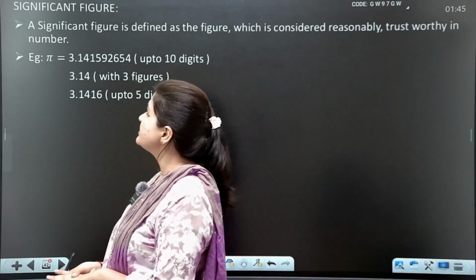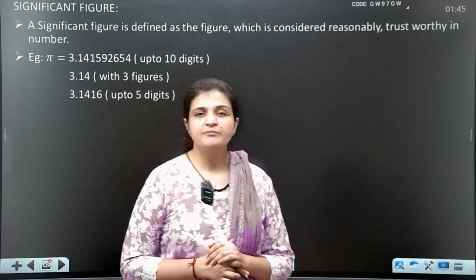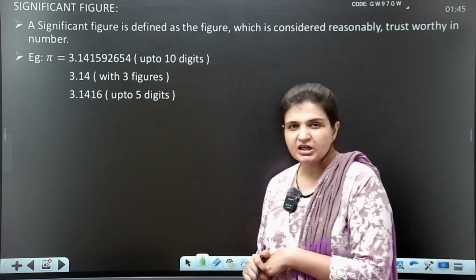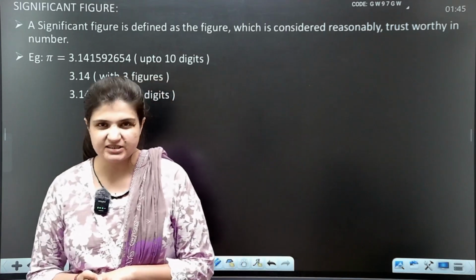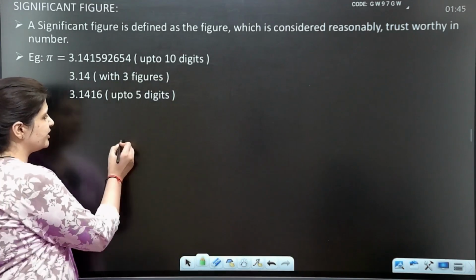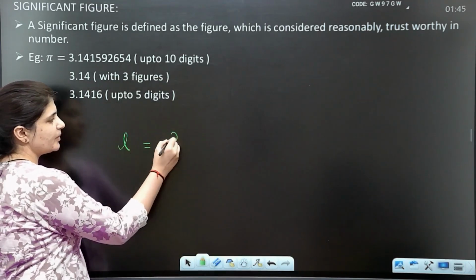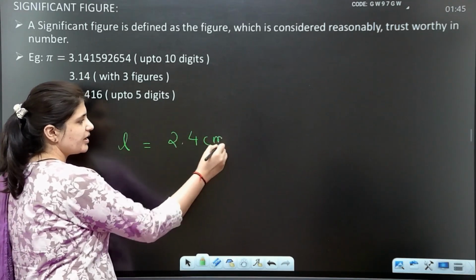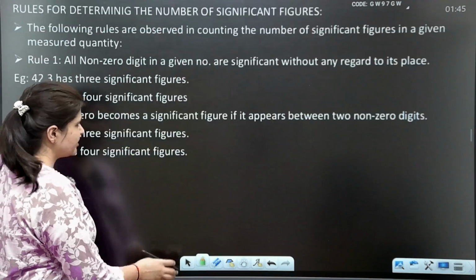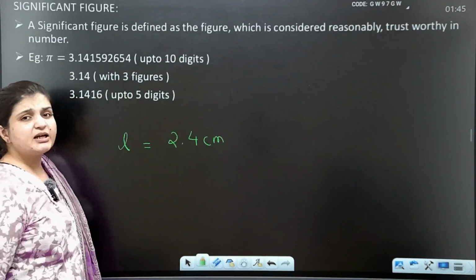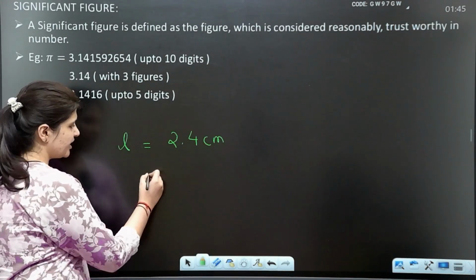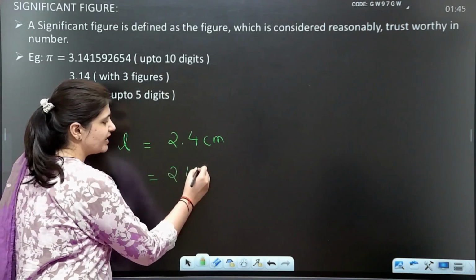Students, basically what is a significant figure? Significant figures are the digits in a number that are measured precisely. For example, when we are measuring the length of a rod, two experiments are done. One value comes out to be 2.4 centimeter, and the other value is 2.41 centimeter.